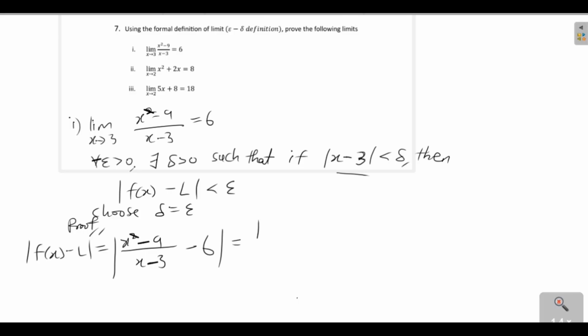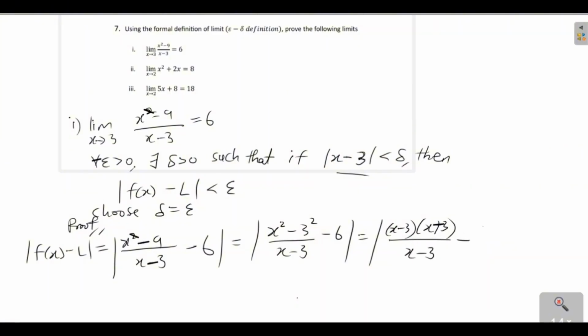And this is equal to, the top is difference of two squares, x squared minus 3 squared, all over x minus 3 minus 6. And of course, using difference of two squares, the numerator will be (x minus 3)(x plus 3), all over x minus 3, then minus the limit 6. And clearly you can see that this cancels this, and we are left with x plus 3 minus 6.